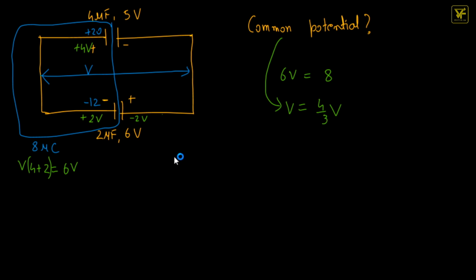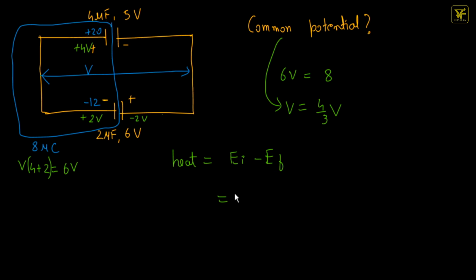If you want to find energy or heat, it can be found out by using initial energy minus final energy. Basically the energy lost, because the work done by the battery is 0. So EI minus EF.